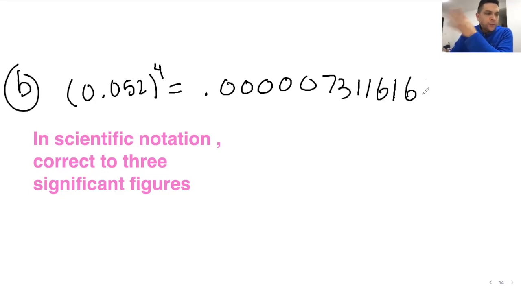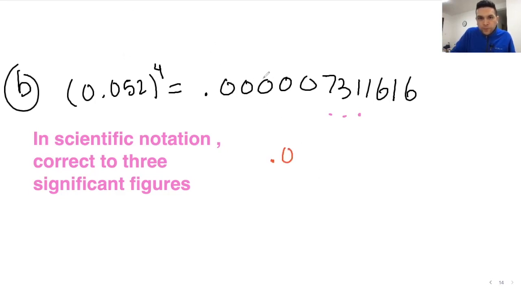So we want to write it correct to three significant figures, and then we want to do it in scientific notation. Okay. So we start from left to right, from the first non-zero number, and that's our 7. And then you count 3 numbers: 1, 2, 3. All right, 7, 3, 1. We look at the number right next to the 1, and it's also a 1, so we don't change the 1.